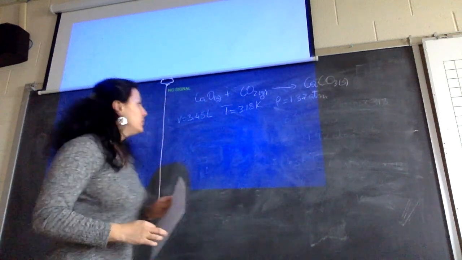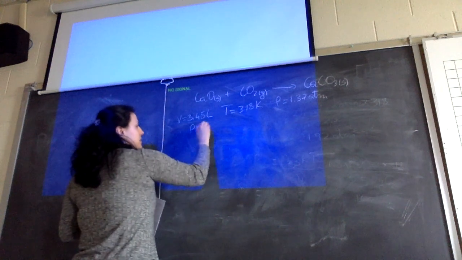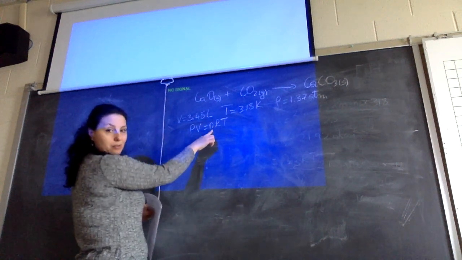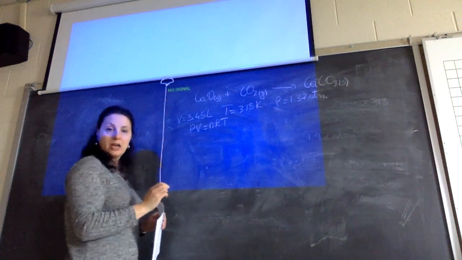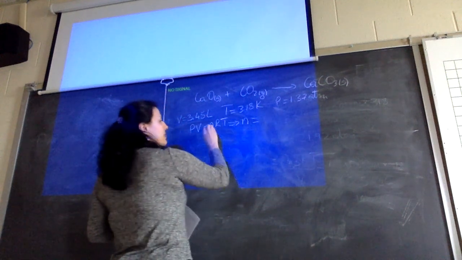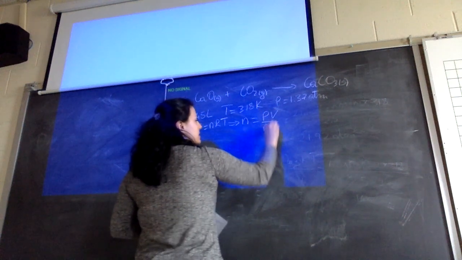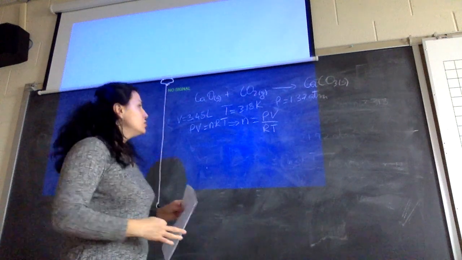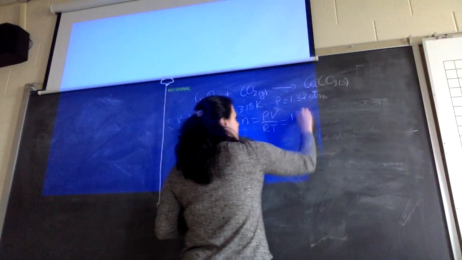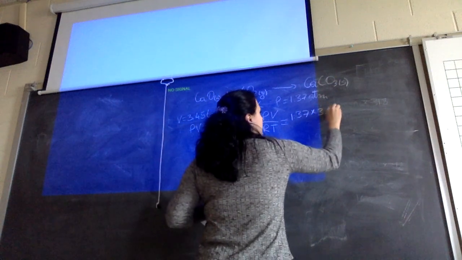Okay, so now I can use PV equals nRT to find n. That's my number of moles of carbon dioxide. So I can isolate n by dividing by RT on both sides, PV over RT. That's my n. So if I substitute all of these values, 1.37 times my volume, 3.45.